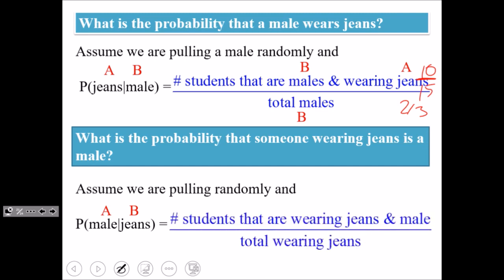Students who are wearing jeans and male. We said that was 10. But this time it's divided by the total number wearing jeans, which is 18. So we'd get 5/9. So again, the way the question is worded is going to change the numbers you have to use sometimes. So you have to pay attention to the wording of the questions. Let's go ahead and try another one.